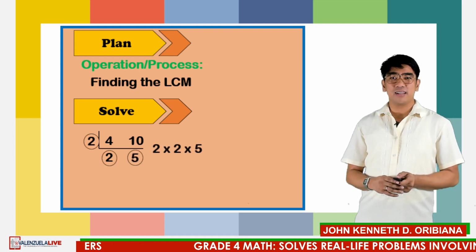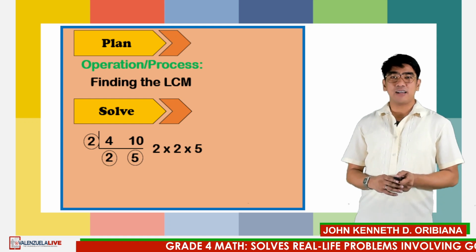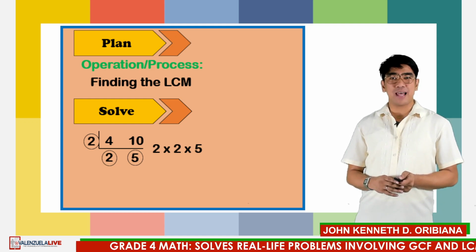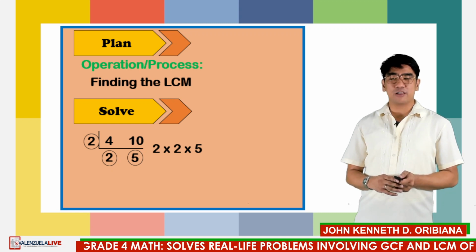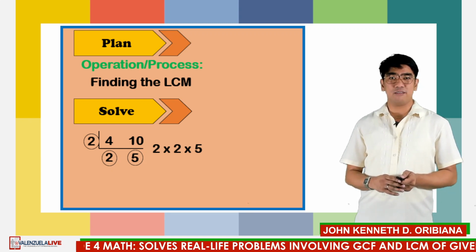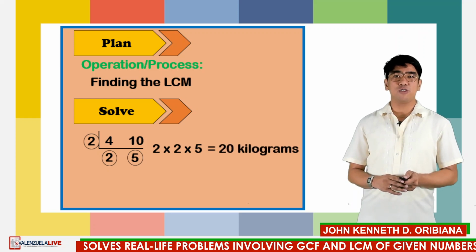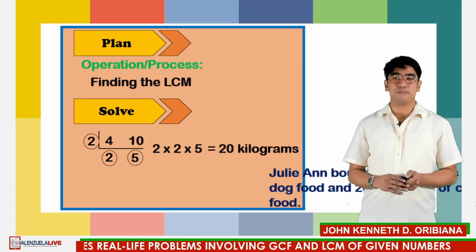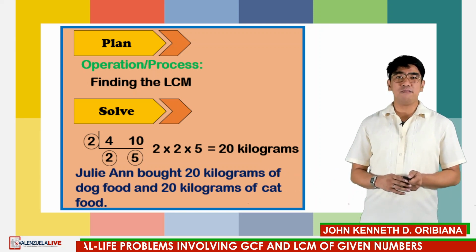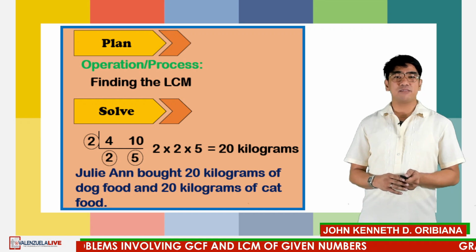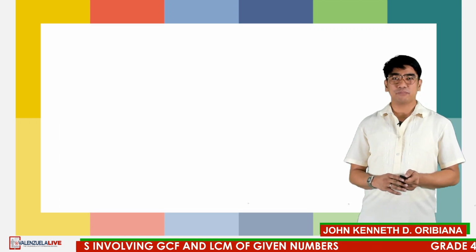And since 2 and 5 have no common factor, let us now multiply the common factor and the remaining dividend, which are 2 times 2 times 5, and the answer is 20 kilograms. Therefore, Julianne bought 20 kilograms of dog food and 20 kilograms of cat food.